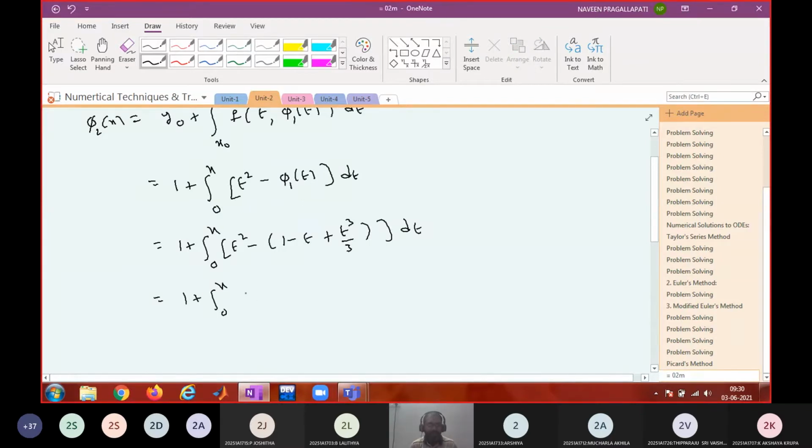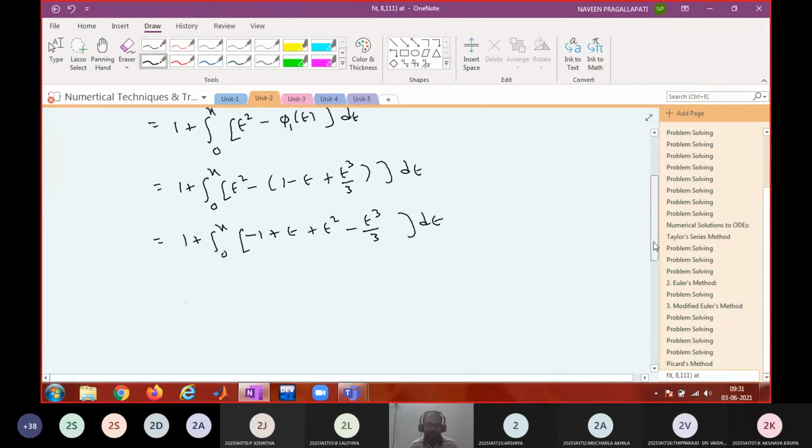What is the simplification? Minus 1 plus t square plus t cube by 3, minus t cube by 3, am I right? dt. Yes, sir. Now integrate and substitute the limits.